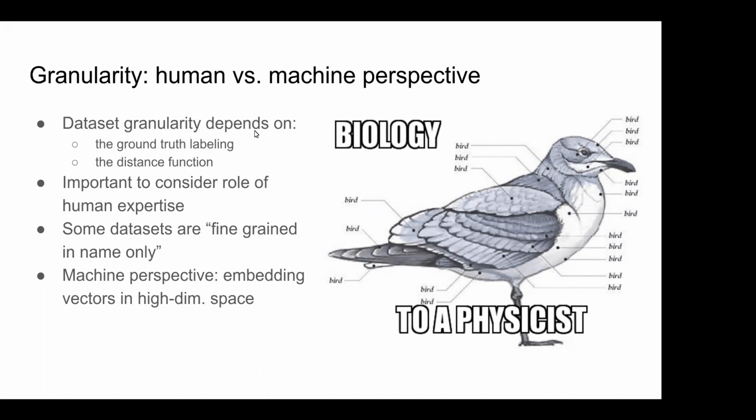Now, it's important to think about the role of human expertise here, because from the machine perspective, all of the entities under consideration are just vectors in a high-dimensional space. The fact that they're birds or men's shoes really means nothing to the machine at all. It's high-dimensional data. It's either tightly related, closely packed, hard to distinguish, or perhaps it's easy to distinguish.